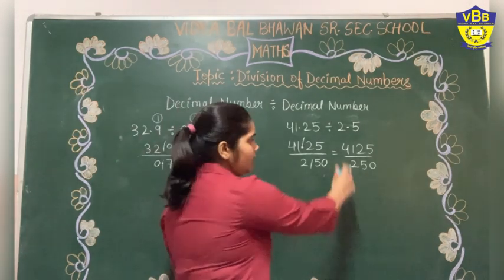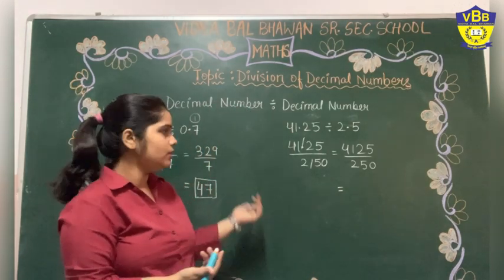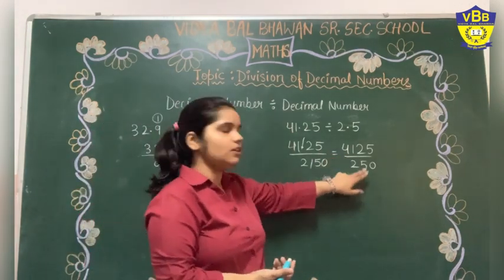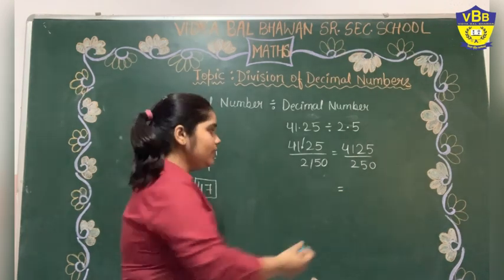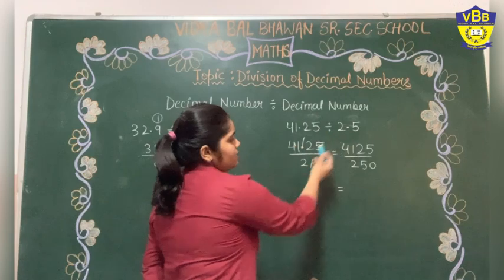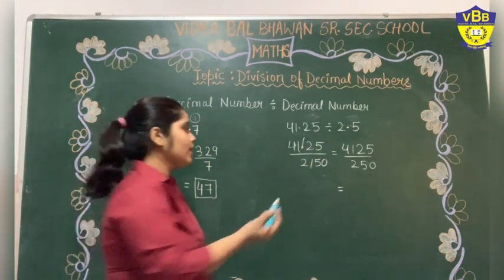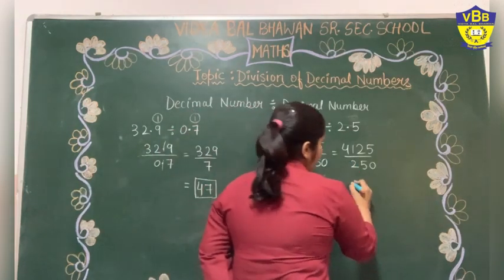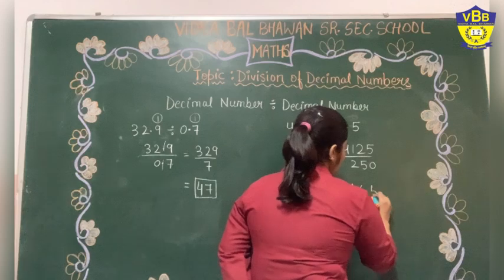When you divide these two numbers, the answer can come in decimal also, if this is not completely divisible. But we have already simplified the decimals by making them like decimals and cancelling out the decimals. Now when you divide these numbers, the answer will be 16.5.